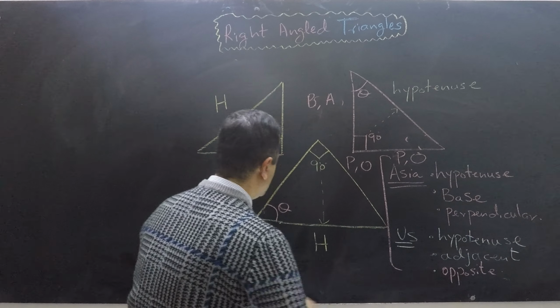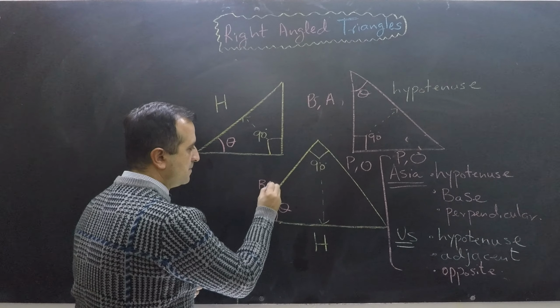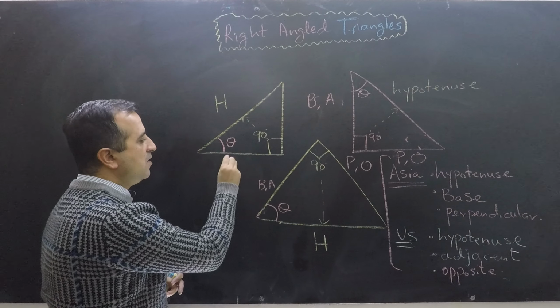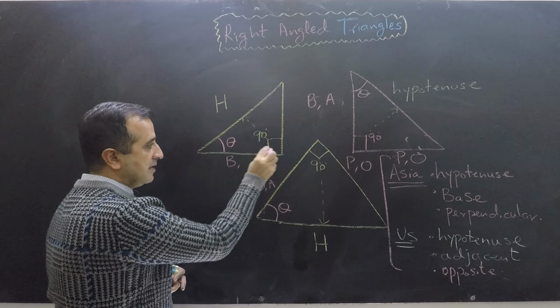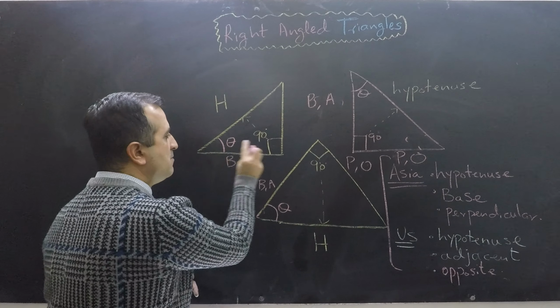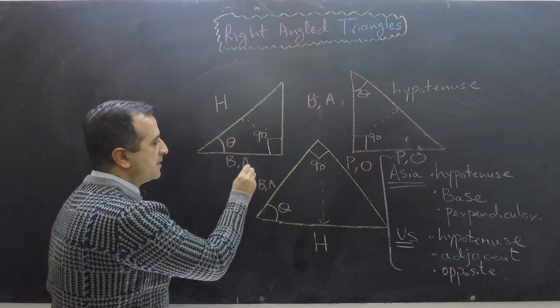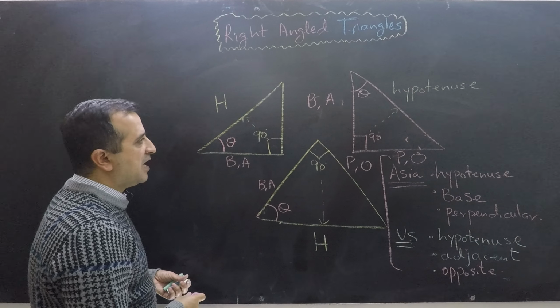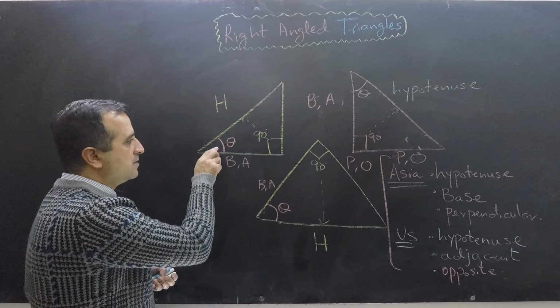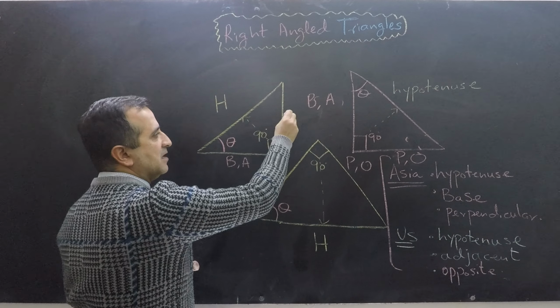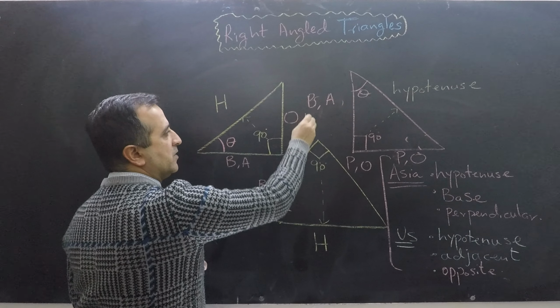The bottom line will be base or adjacent, because 90 and theta both meet there. And what will be our perpendicular? The right line, which is opposite to the adjacent side, and is also called opposite or perpendicular.